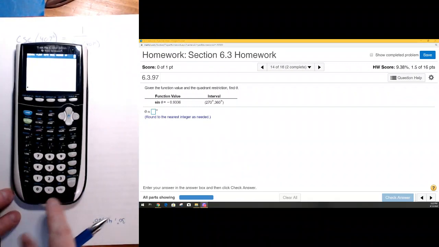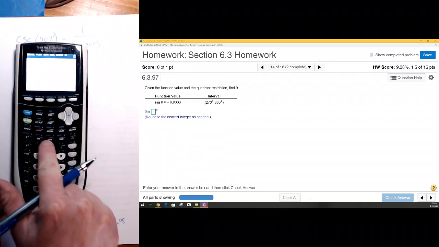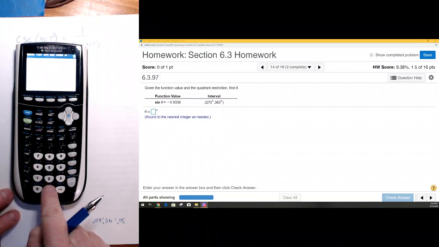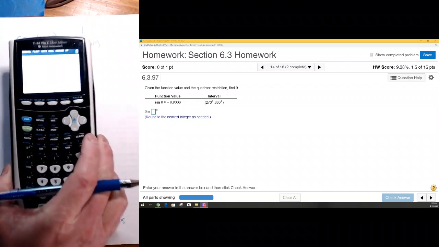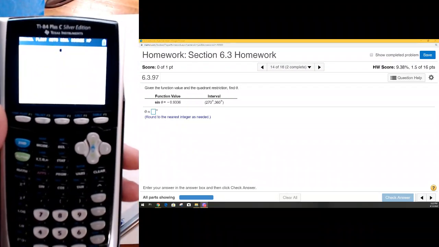Okay, so now I'm going to clear that out. I'm going to do second sine, and I'm going to type in negative 0.9336.